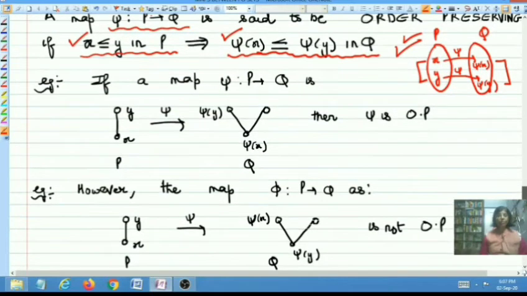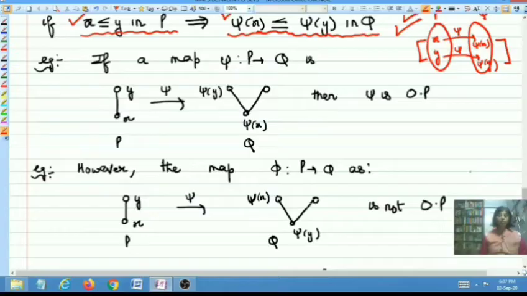As an example of a map which is order preserving and one which is not, let us consider this particular P expressed in terms of a Hasse diagram, which is a chain of two elements.